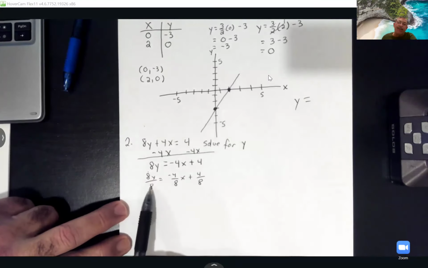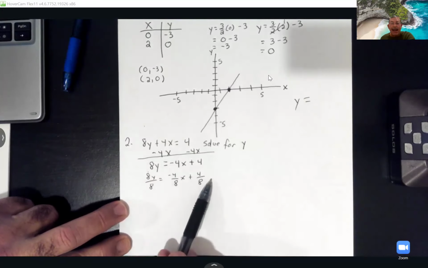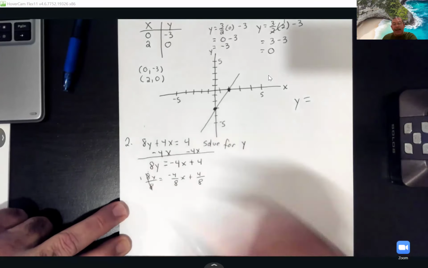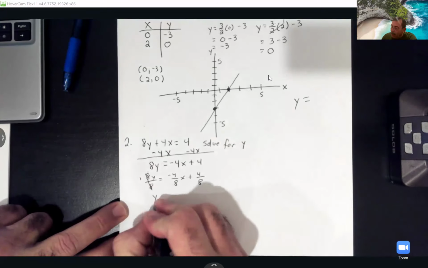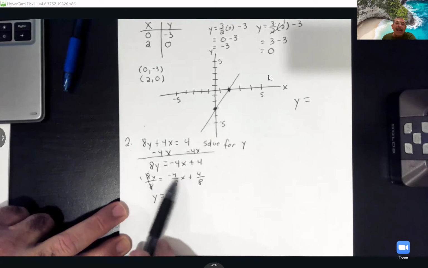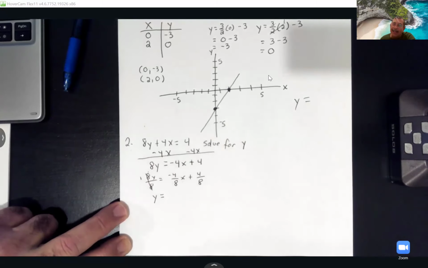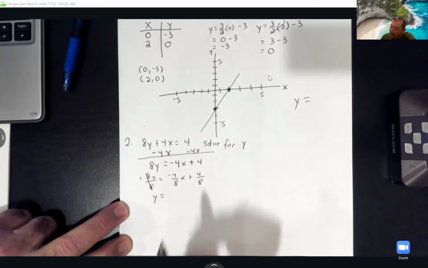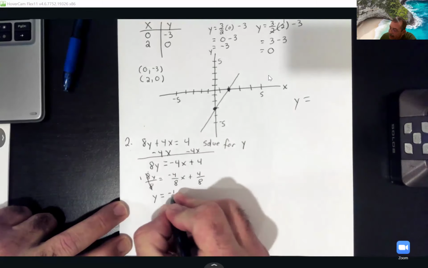Okay, so remember, division and multiplication, you do to everybody. But look at this. 8 divided by 8 makes that a 1y like we wanted. Here, we can't divide that, but we do need to reduce that. So a negative 4/8, that'll reduce to what? A negative 1/2 x.